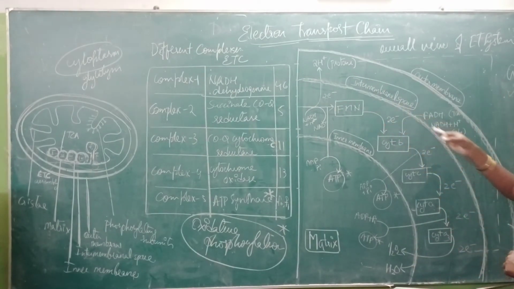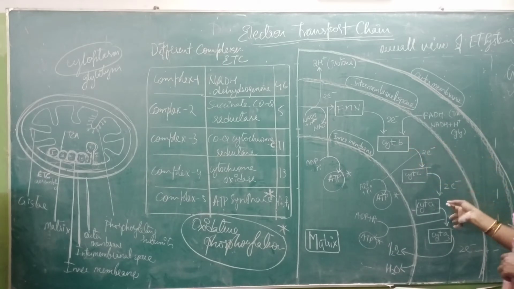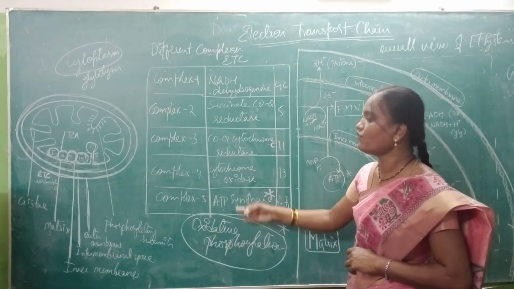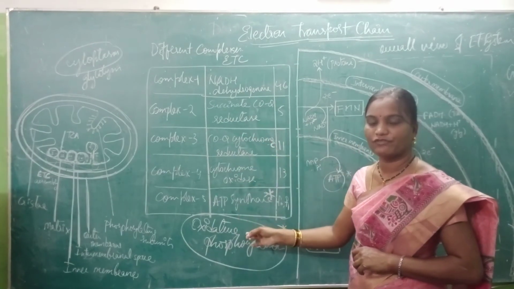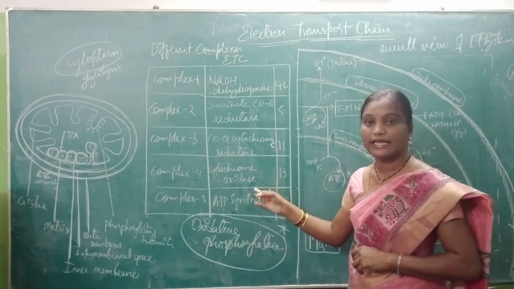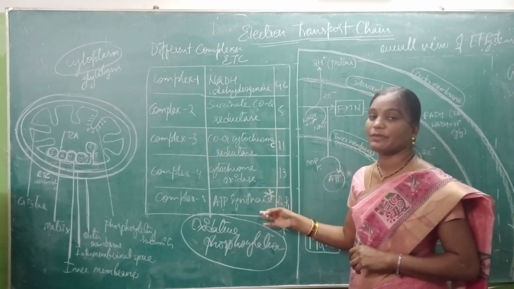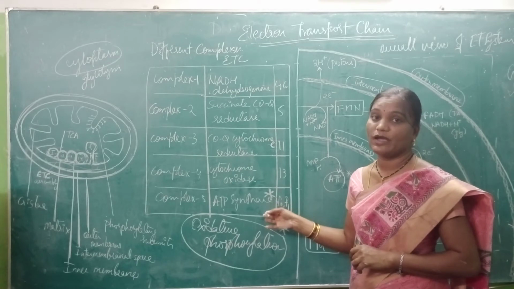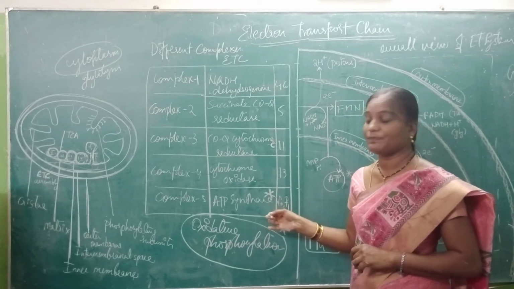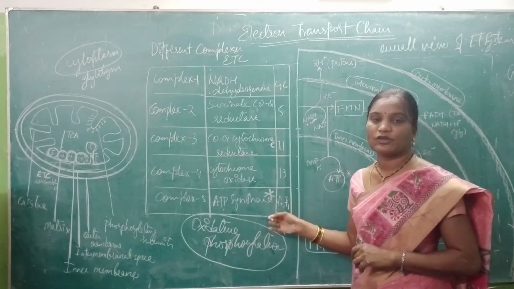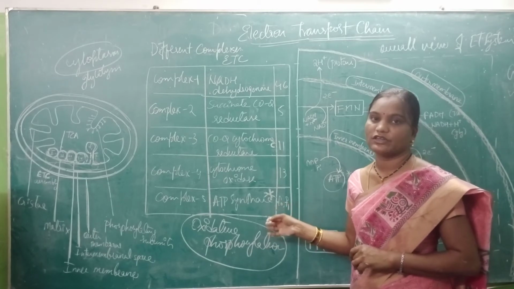How this inner membrane is organized, or how these electrons are being transferred from one complex to another complex, you will be learning in the 4 complexes. And in the 5th complex, because of the transfer of these electrons, your ATP molecule is synthesized with the help of the enzyme ATP synthase, and that particular step is your oxidative phosphorylation.